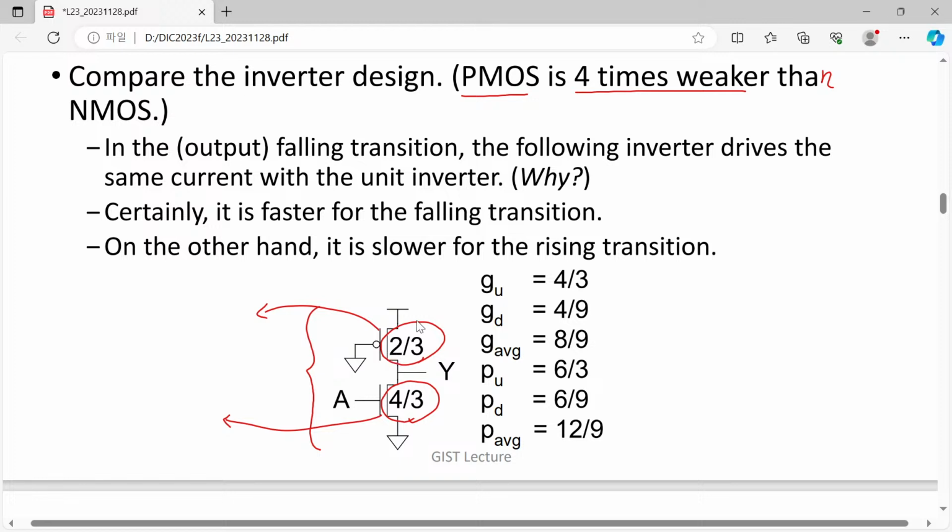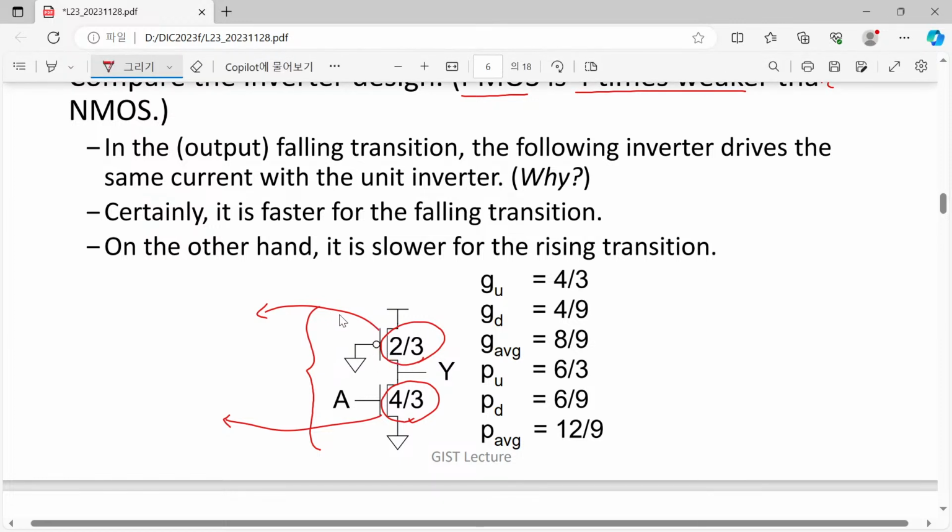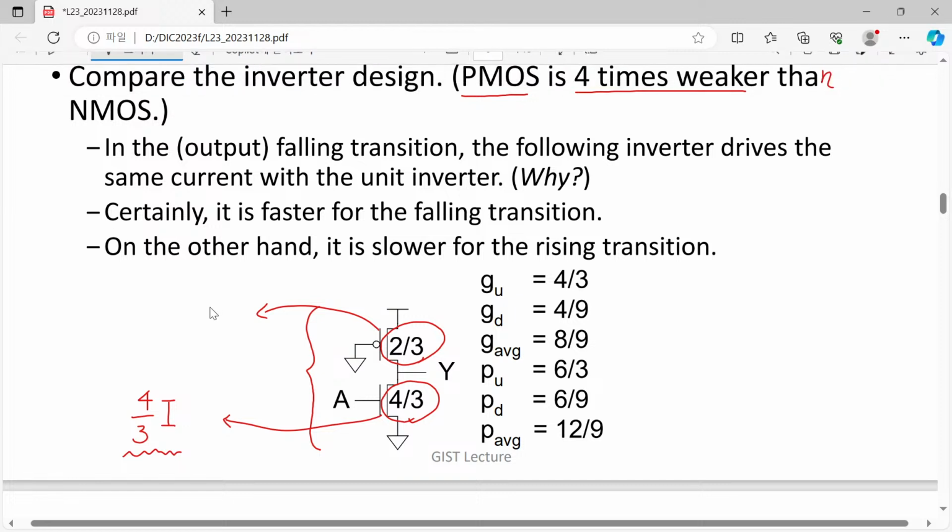Since the P MOSFET has roughly half the mobility, let's say that our N MOSFET will conduct, for example, 4/3 I, and in this case the P MOSFET will have just 1/3 of I. So now we understand that between N MOSFET and P MOSFET, they have 4 times difference in their maximum current conduction capability.